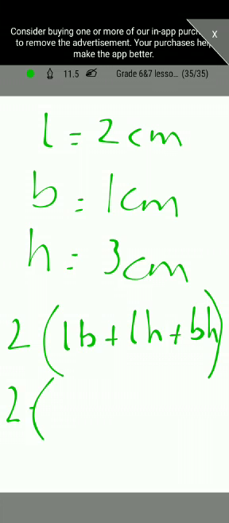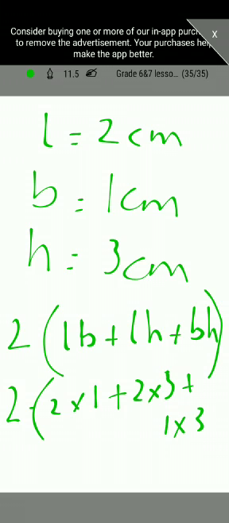2 times length is 2, breadth is 1, plus length is 2, height is 3, plus breadth is 1 and height is 3. Now multiply all of these.